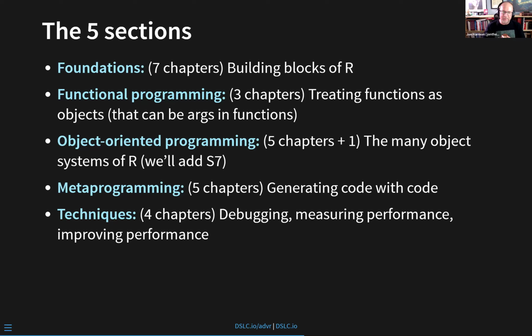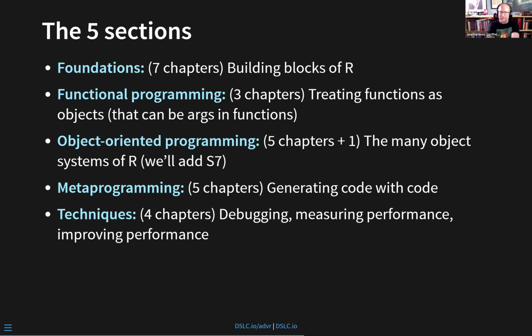The next section is functional programming. Like I said, that is a programming paradigm that not a lot of languages really focus on, although more and more languages do, because Julia is functional focused and Rust has some functional programming paradigms built into it. And so it's becoming more and more popular.